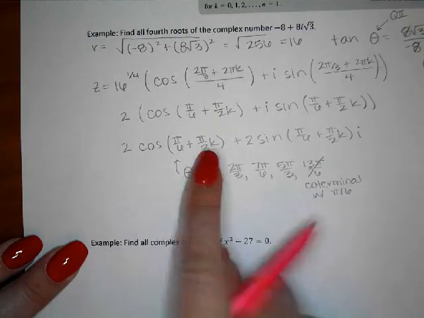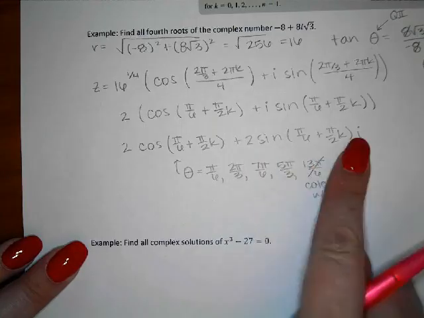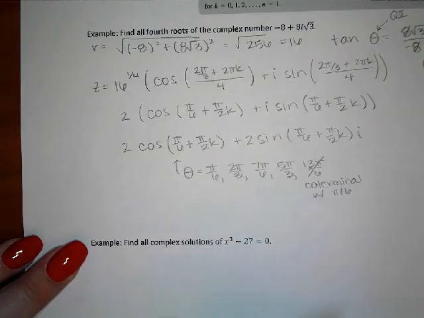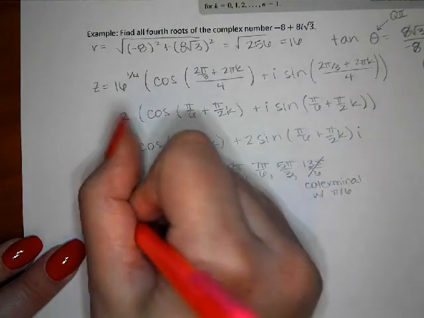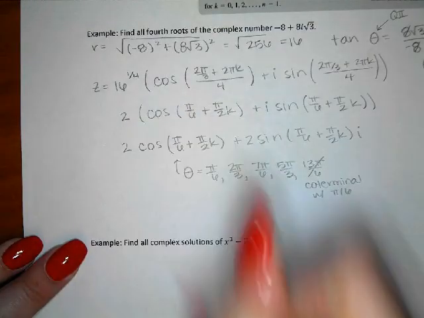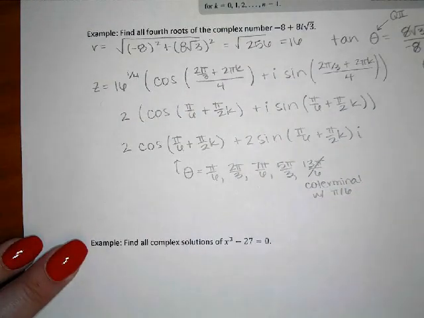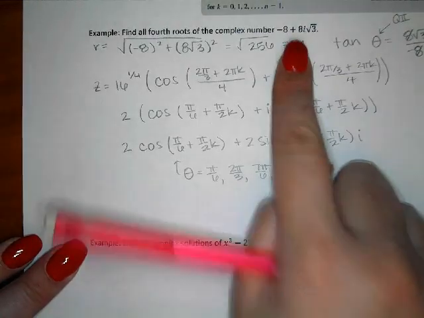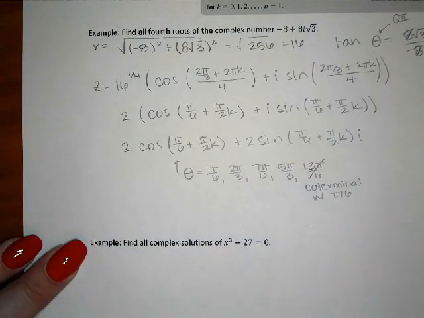So there's going to be 4 answers here that give me 4 different complex numbers. So I'm going to go ahead and start writing them out. And I'm going to write them in the a plus bi form, just because the problem was given to me in that form. Unless they give you a different explanation, it's most proper to match the form of the original problem. All right, so here's my first one.